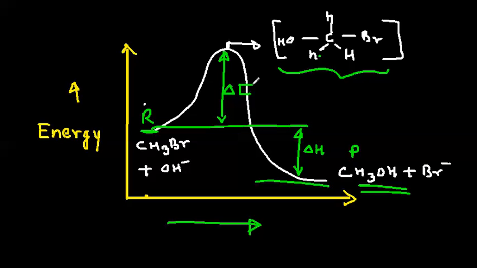You can represent it as del E or del Ea. If you're familiar with this thermodynamical concept, you will find that the activation energy and the del H can be represented in this energy profile diagram. And since it's a one-step reaction, it will have only this one excited, higher energy state.